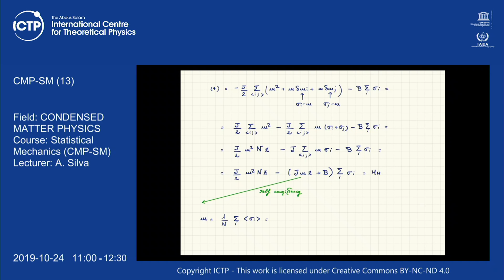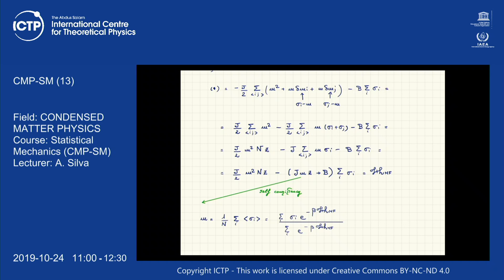This is not an H, this is an M, so let me rewrite. Let's be fancy. H mean field. Okay? So this would be equal to sum over sigma i sigma i e to the minus beta H mean field divided by, well, our usual sum e to the minus beta H. Okay?